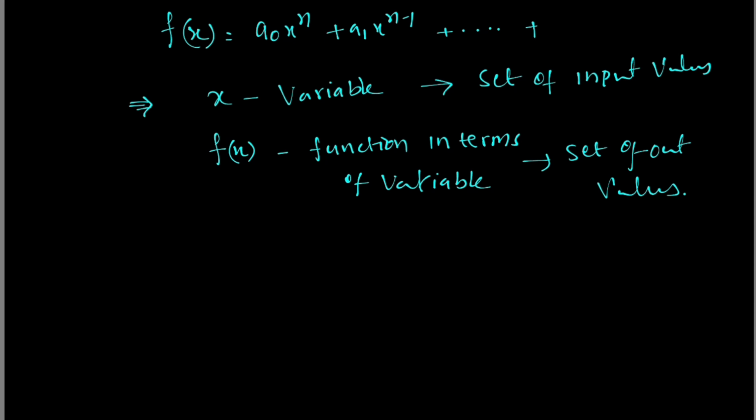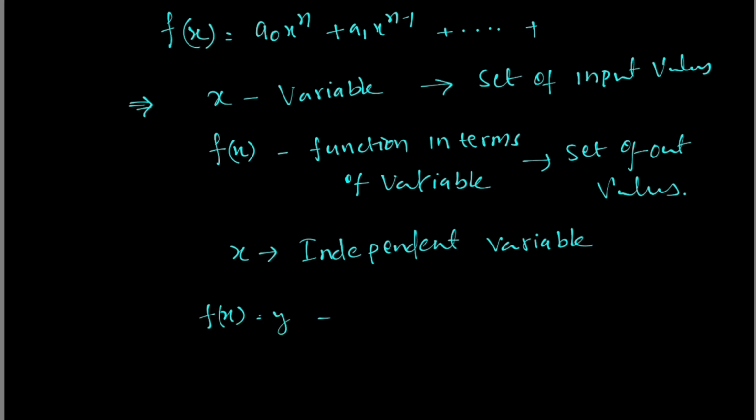And I can even write x is nothing but the independent variable. When I am replacing f of x equal to y, then y is said to be the dependent variable.